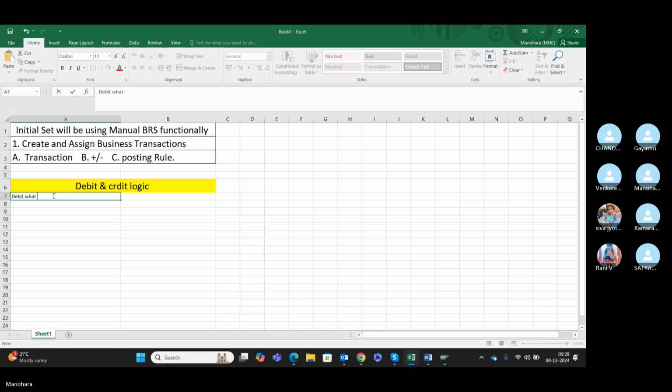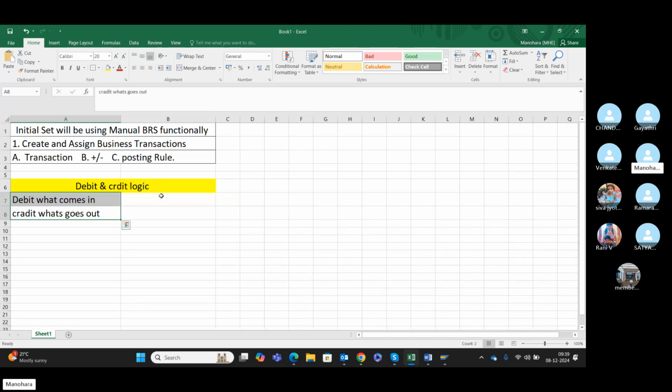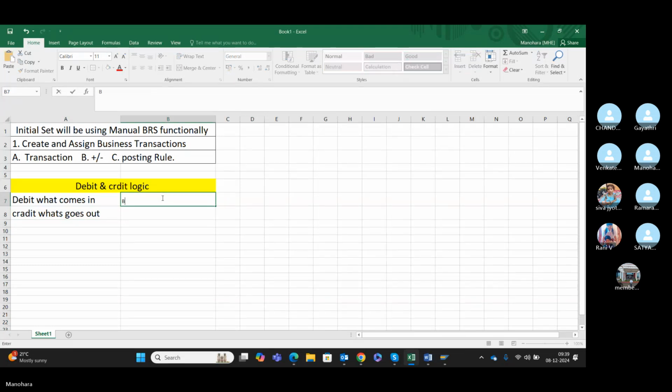What's in is debit, and credit is what goes out, right? This one, bank balance.